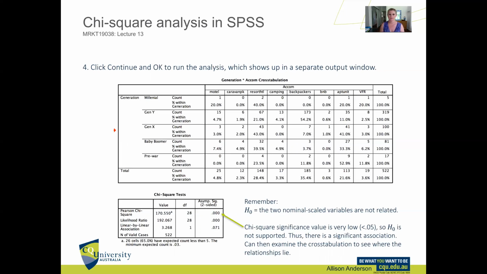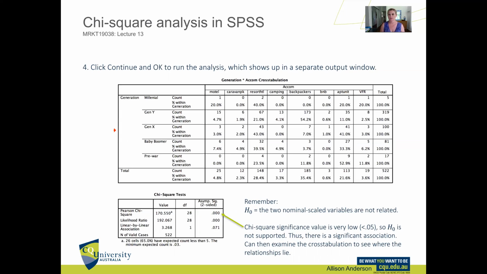So what that 20% is showing me in the top left cell is that 20% of millennials were staying in motels. As it turns out, there was only one millennial in that category, and so it's probably not considered representative, so I would discount that one because there's only 5 in the millennial category.